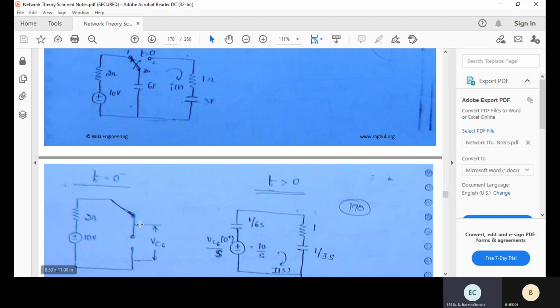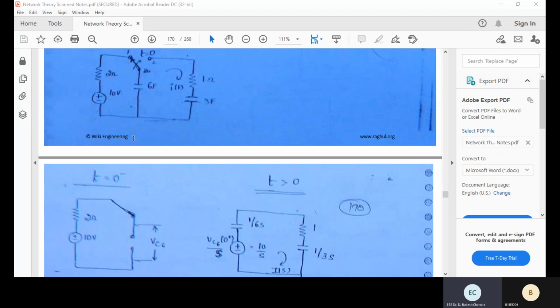And if you write the Laplace transform equation, your voltage source is, Laplace transform of 1 is 1 by s.